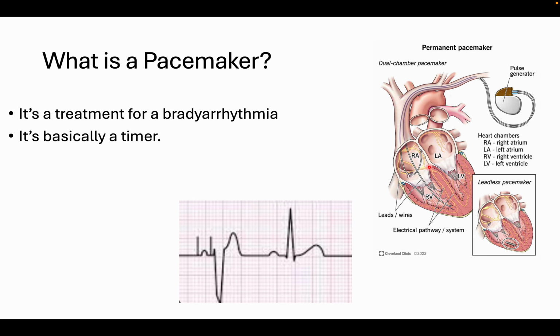That signal will then attempt to go down the atrioventricular node into the His bundle system. If this is all intact, you'll get the generation of a normal looking QRS.